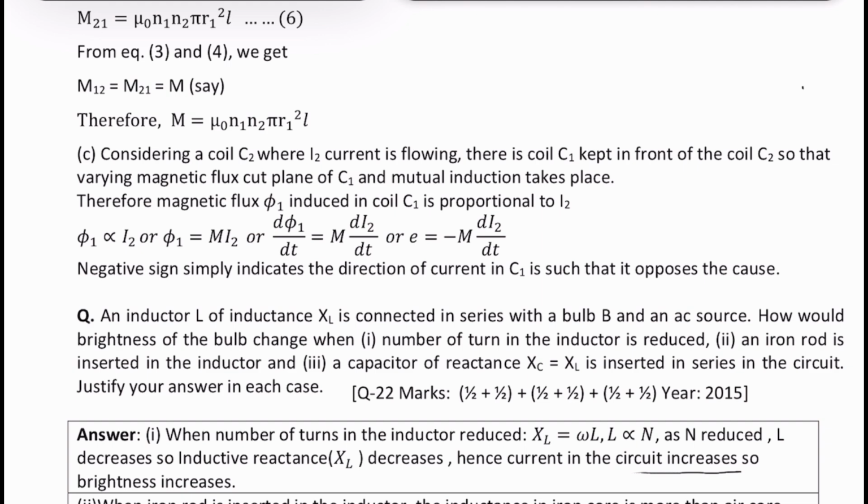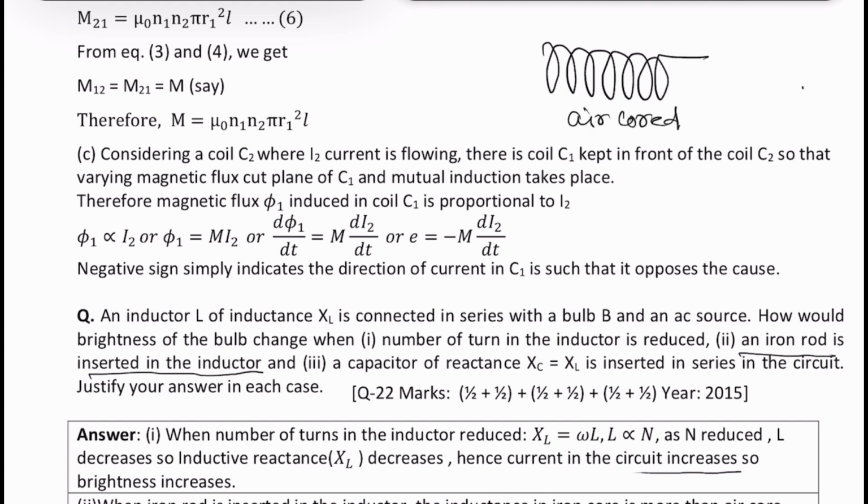Now second part, here an iron rod is inserted. So see what happens. When there was nothing, air was there inside this solenoid. This is called an air core solenoid. Now if we insert an iron bar, then what will happen?